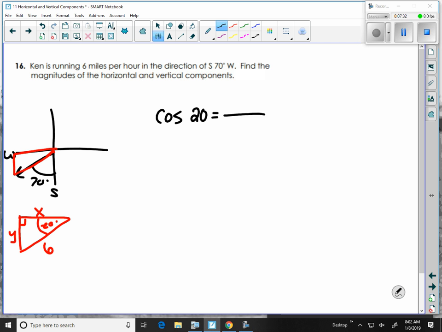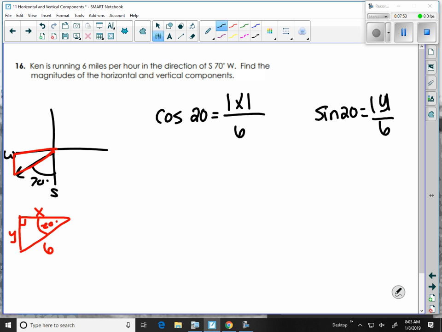Okay, so cosine 20. What is adjacent to our 20 degrees? X over your hypotenuse of 6. And then our sine is y over your hypotenuse. That's going to be pretty standard.